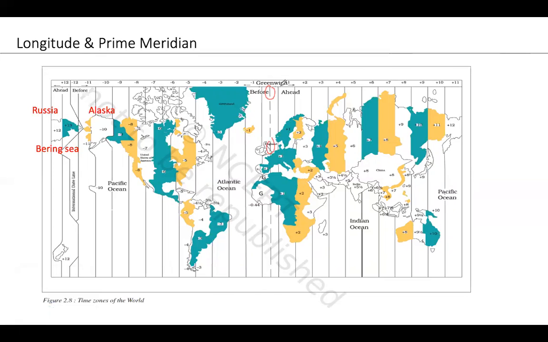Okay, so here they will mark it as 10, 20, 30, and it will go to 180 degrees, and here it will go to 180 degrees. So here to the east, usually the GMT time will be calculated as GMT plus, whereas here it will be calculated as GMT minus.